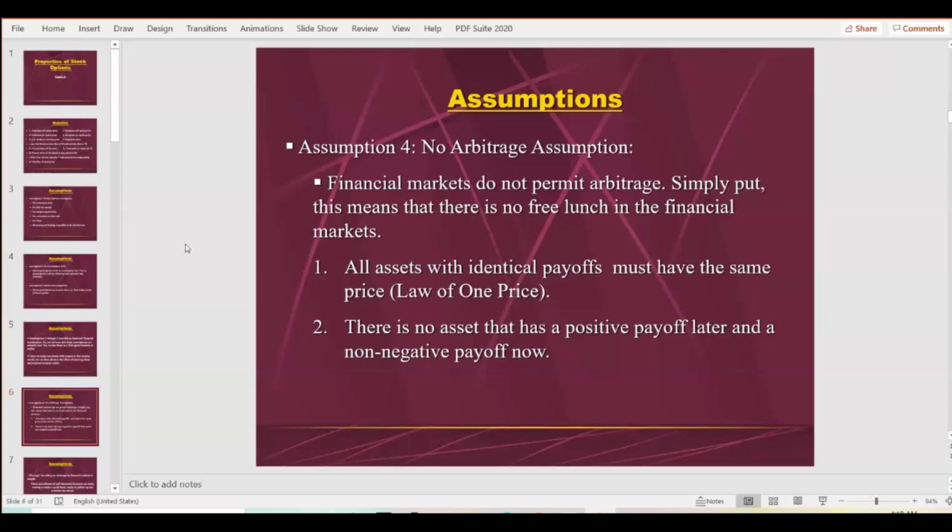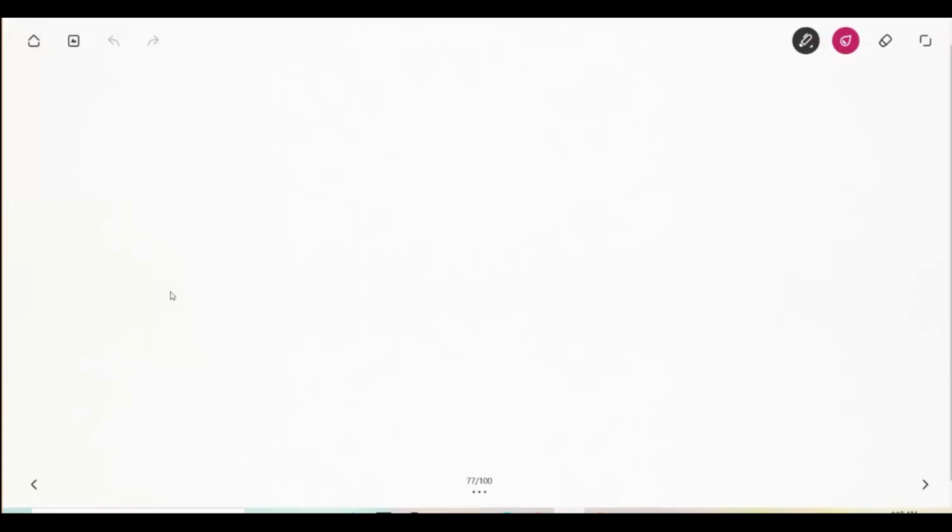And in theory, such opportunity won't require any initial investment. So just to give a quick example about an arbitrage opportunity, first I'll give an example that's not related to options. So in this example, let's say that we have a certain stock A, which is listed on 2 exchanges.